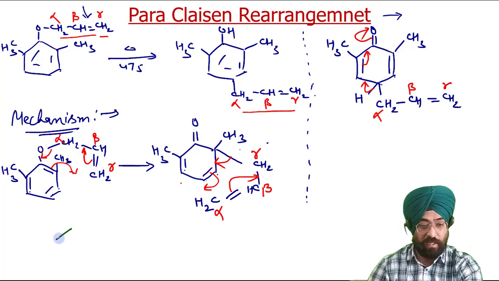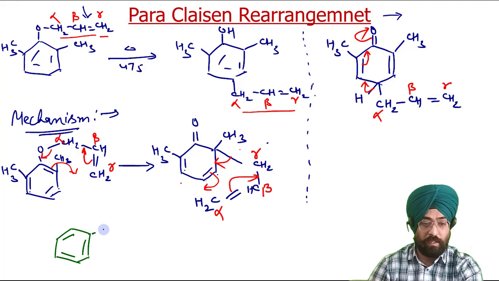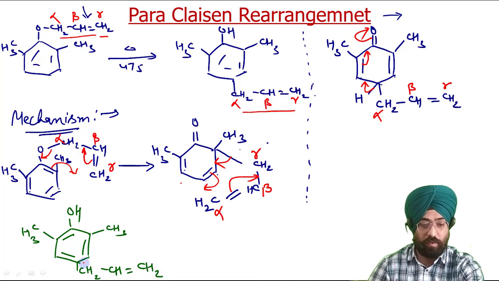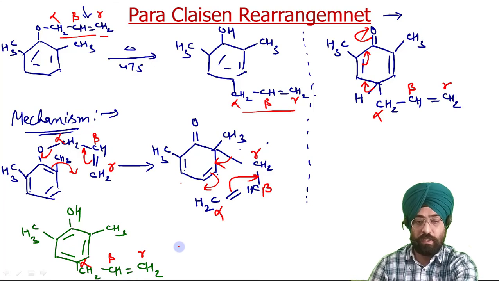So after this rearrangement we get this. This bond has shifted here, this bond has shifted here, this bond is here, here is a CH3, here is a CH3, here is your OH, and here is your CH2, CH double bond CH2, and these are your alpha, beta and gamma positions.